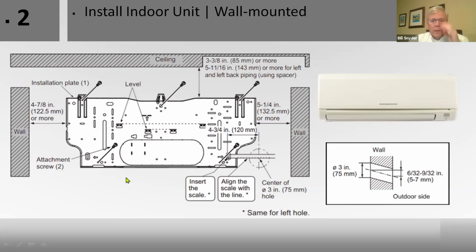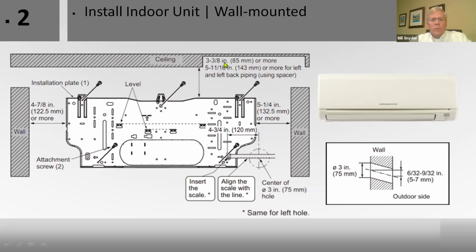Or there's also a device that we have that hangs on the bottom here, and then you can sit this on it and work on it as well. But there's a lot of information on here. It'll tell you how far from this mark up to the ceiling to go.